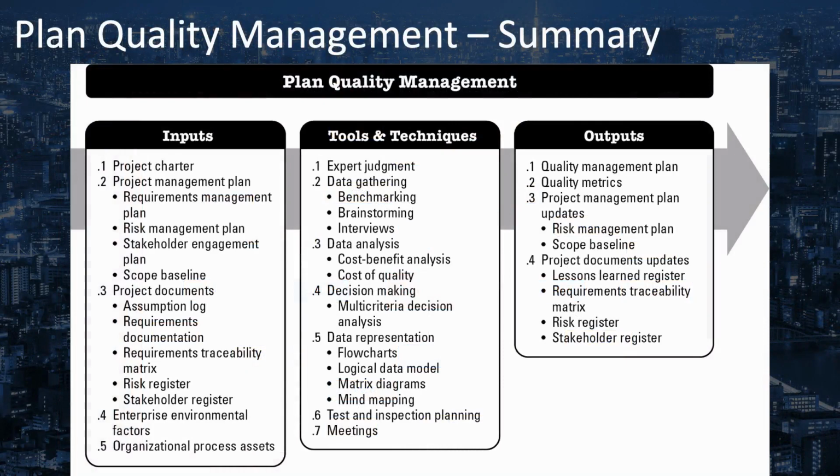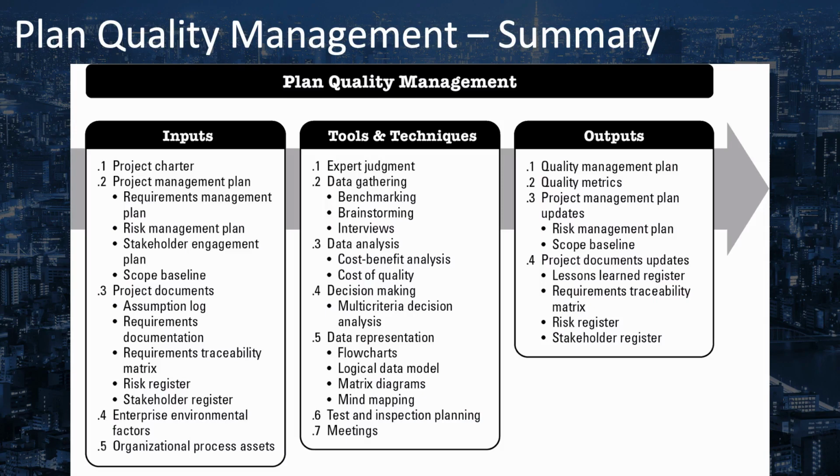How much do you remember about the inputs, tools, and techniques and outputs of the plan quality management process? Remember to start with the key outputs, which in this case include the quality management plan and quality metrics. Other secondary outputs are natural because as you're working on quality, it can affect other plans and documents in your project, including your scope, your risk response planning, and risk management plan.